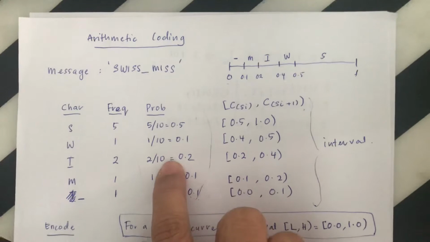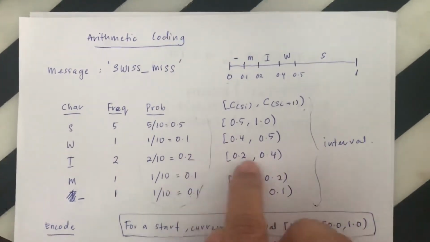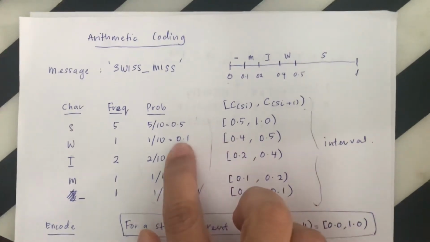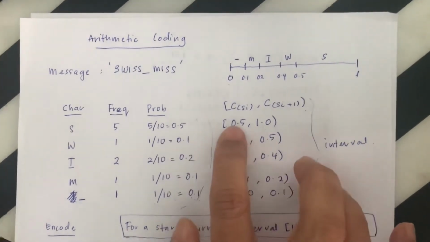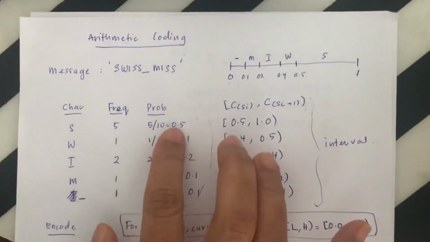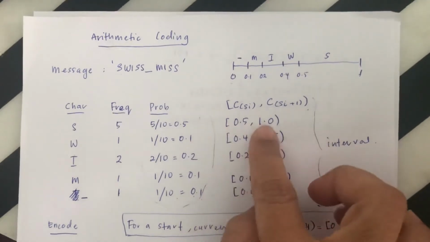The same goes here: I is 0.2 to 0.4. W is 0.4 plus 0.1, which is 0.5. And the last one, S, has size 0.5, so it goes from 0.5 to 1.